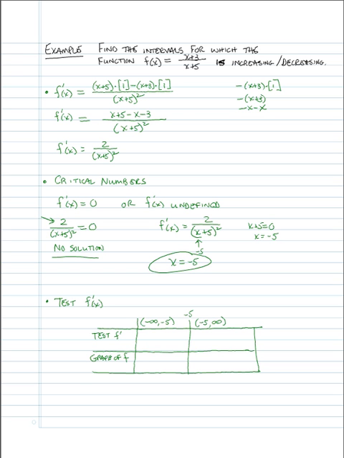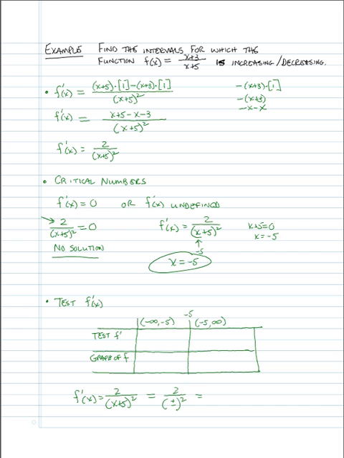Well, what you recognize is that we don't always have to calculate if we think a little bit. Now, look at the derivative, 2 over x plus 5 squared. It really doesn't matter whether we end up with a positive or negative in the parentheses on the bottom, because we're going to square it.